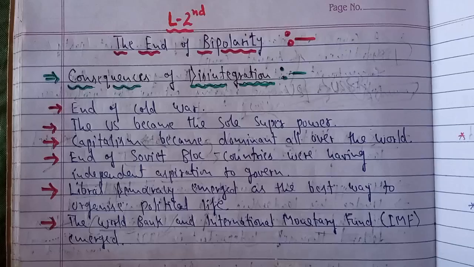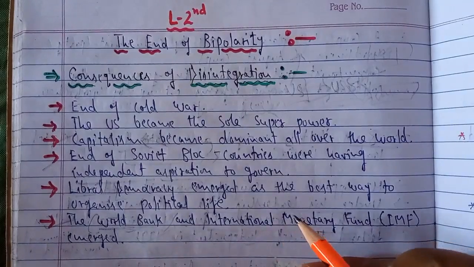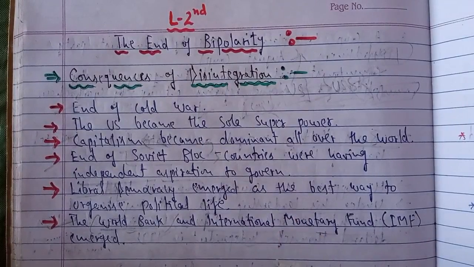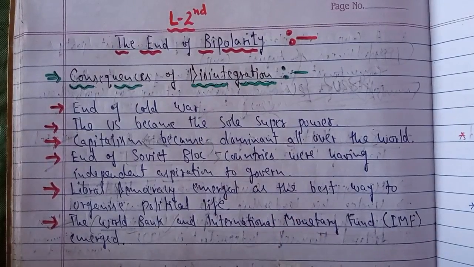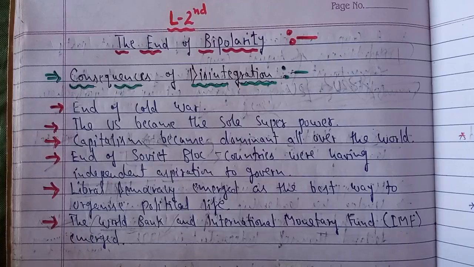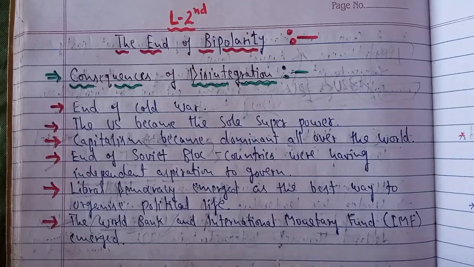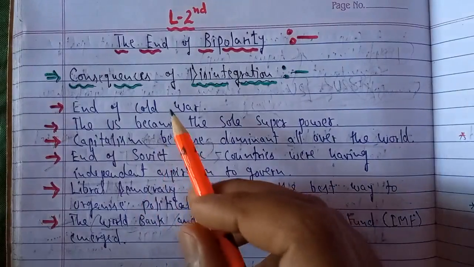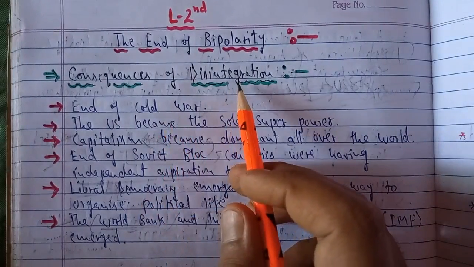Okay, so you can see in the last video we had discussed why the Soviet Union disintegrated, as after the Second World War USSR was one of the two superpowers, and how can such a superpower disintegrate. So there were many important reasons and factors and causes which led to the collapse of such a big, powerful nation. But after seeing those factors, now we need to understand what were the consequences of disintegration.